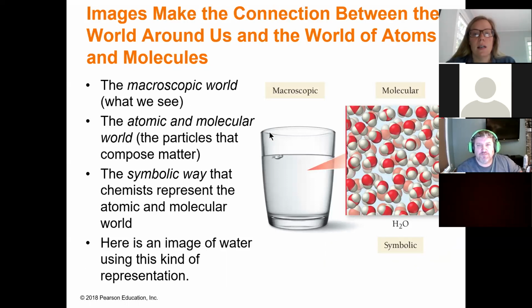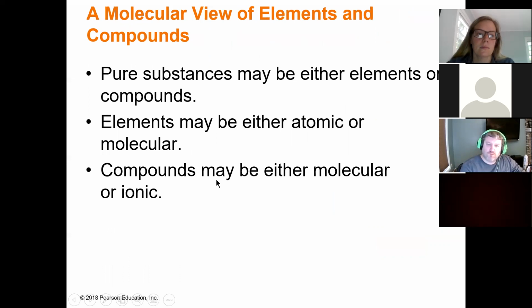All right, so the macroscopic world, what we see, is affected by the microscopic world. The formula that we have here will determine what we see and the behaviors on a macroscopic level. When we talked about last chapter, pure substances can be either an element or a compound.